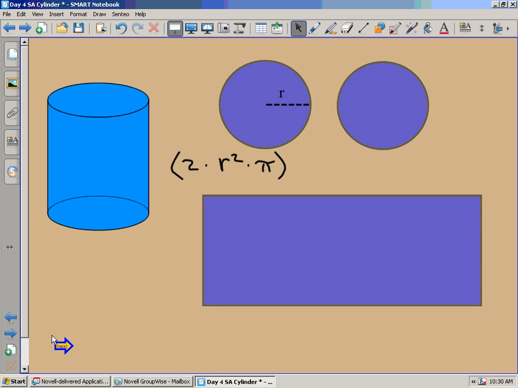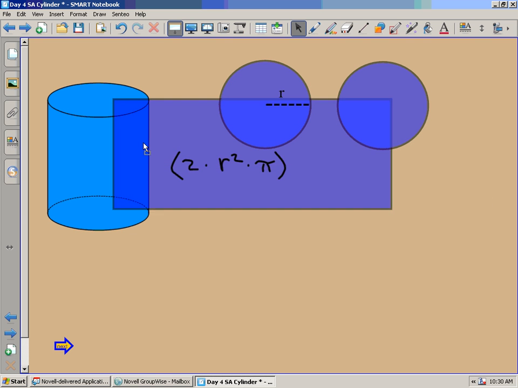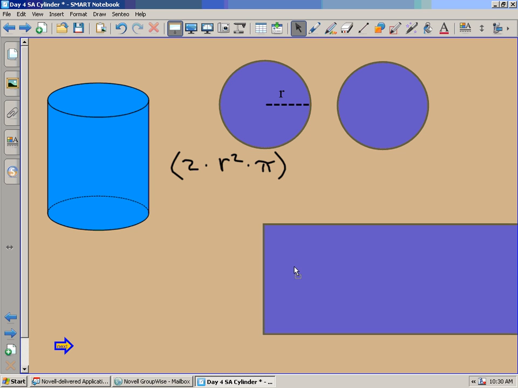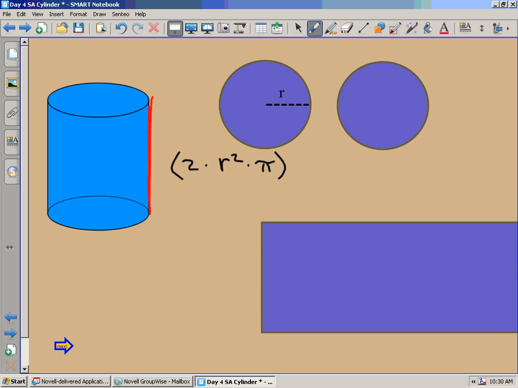Now comes the paper. If I took this purple piece of paper and wrapped it around this cylinder, well, this left side is actually showing me the height of my cylinder. So I'm going to refer to this as the height. The bottom dimension is the part that wraps around the can.